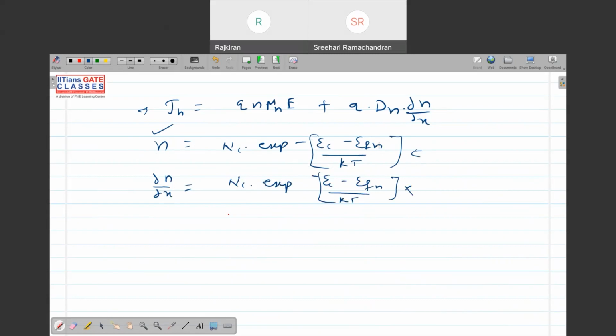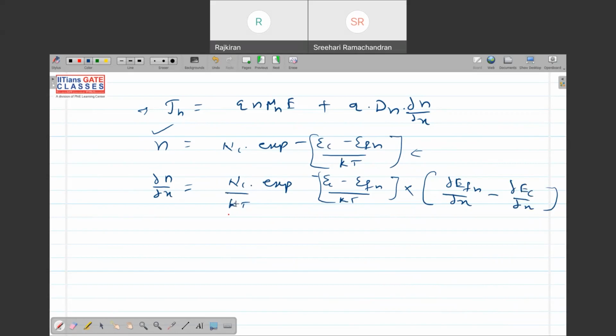If I take the derivative of the inside term, I get 1 by kT outside, and inside dEFn by dx minus dEc by dx.